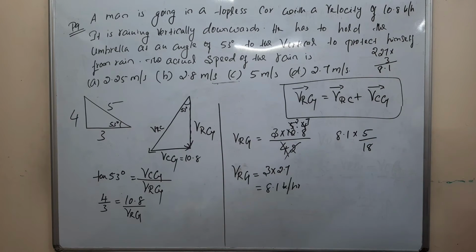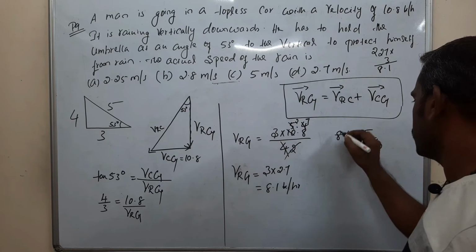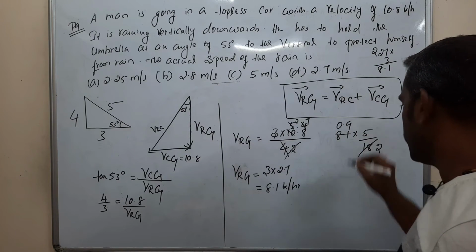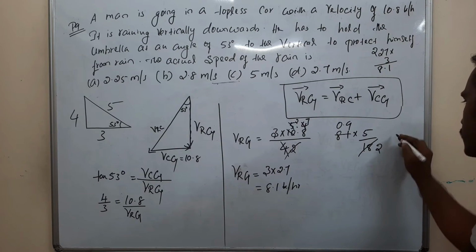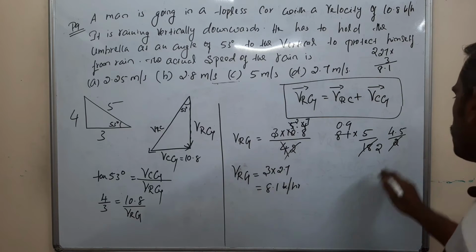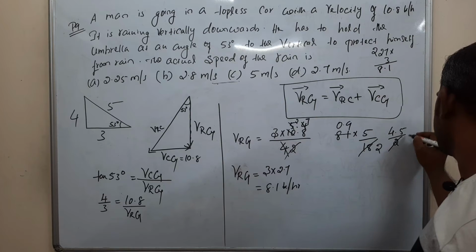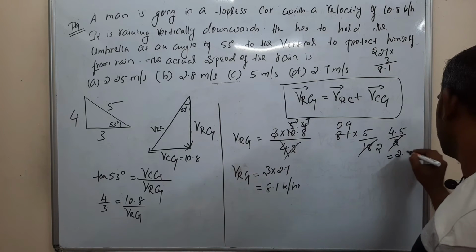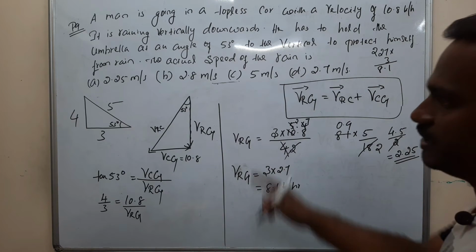So 0.9 into 5, that is 4.5. 4.5 divided by 2 is equal to 2.25. So what is the answer?